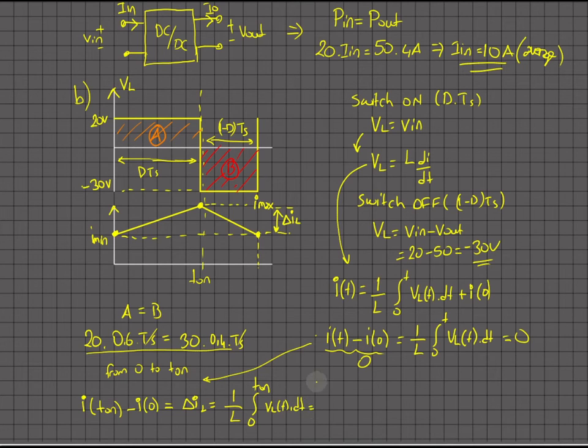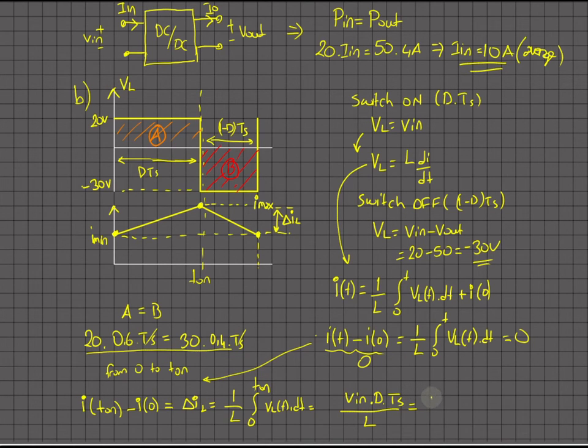And I can write it like that. So I know the voltage: V L is V in during that time. And the integral over T on is equal to D times Ts divided by L. Let me put those things in place.